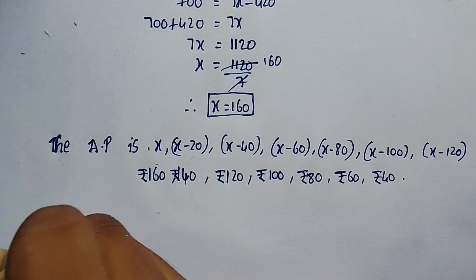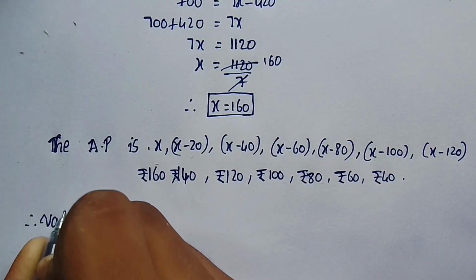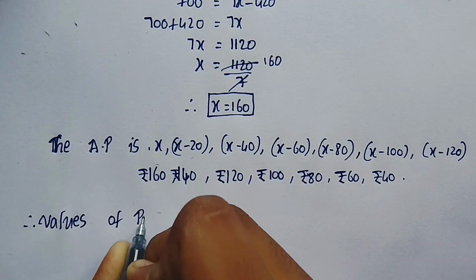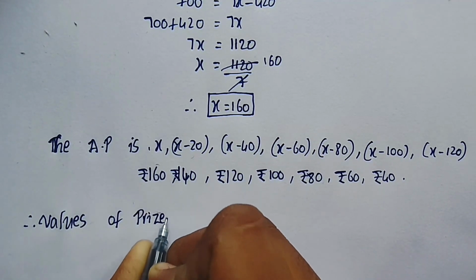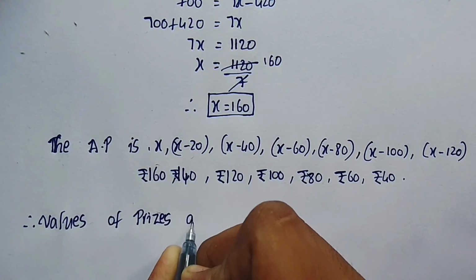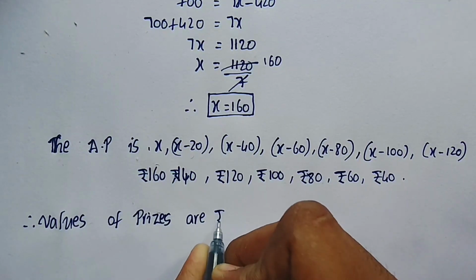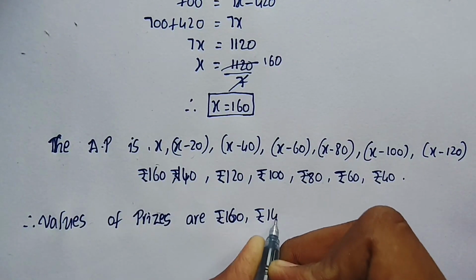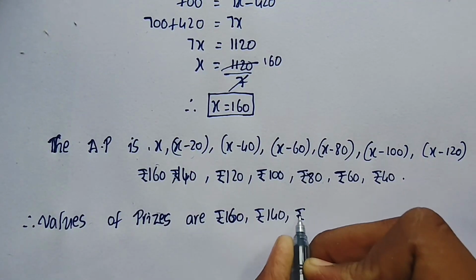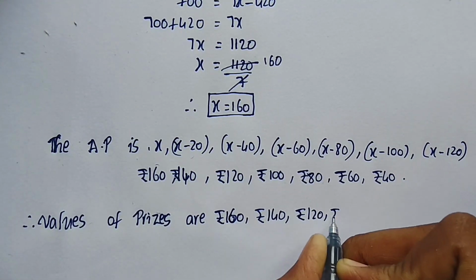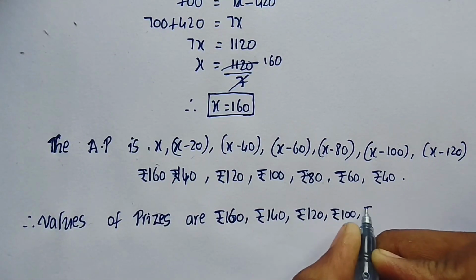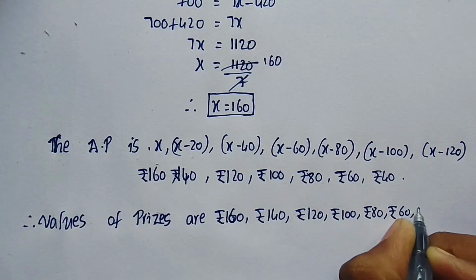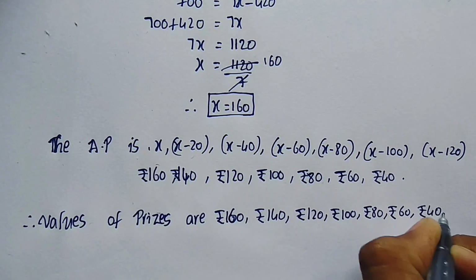So I am writing here the values of prizes. Values of prizes are 160 rupees, 140 rupees, 120 rupees, 100 rupees, 80 rupees, 60 rupees, 40 rupees.